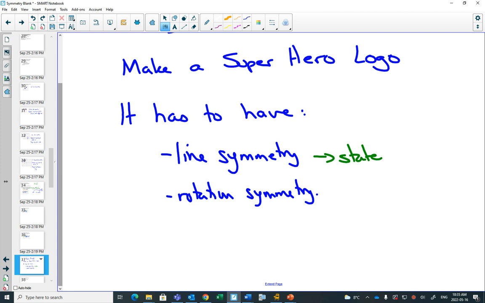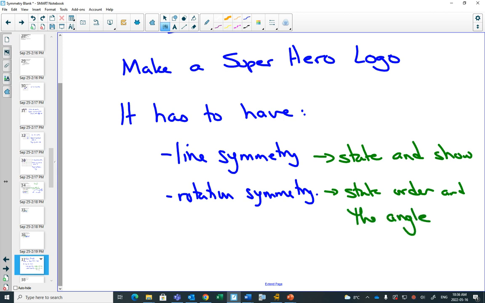It would be nice, and this is better because the person drew their lines of symmetry on there. Could you also just say vertical lines, horizontal lines? Yeah. And for your rotation, you need to state the order and the angle. So this one rotated down to here and rotated again. This one had an order of 2 and a rotation of 180.